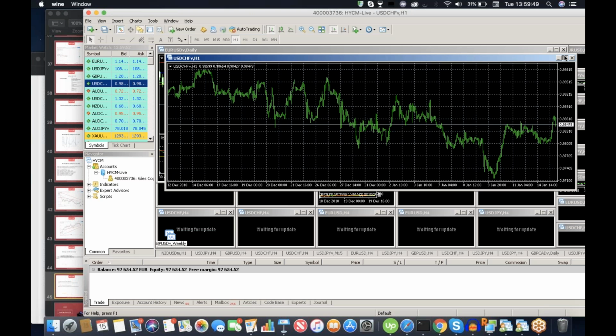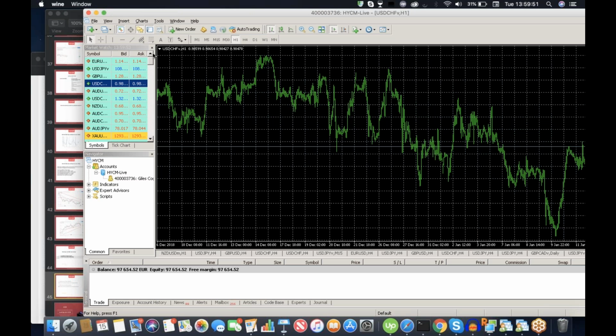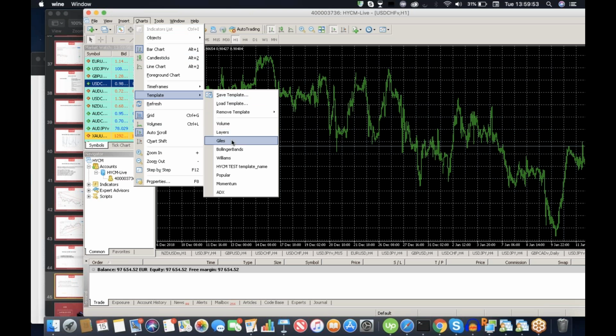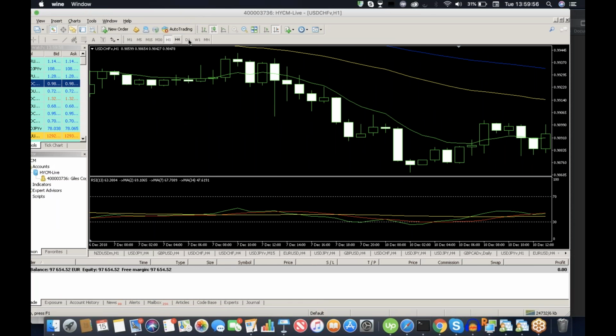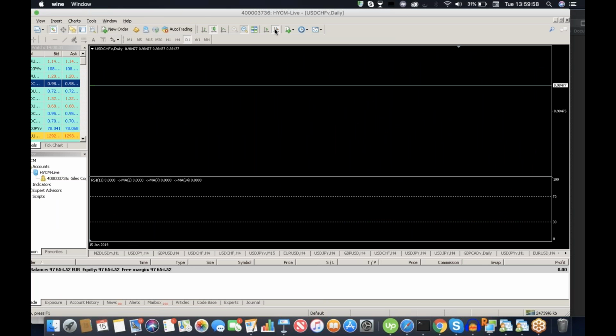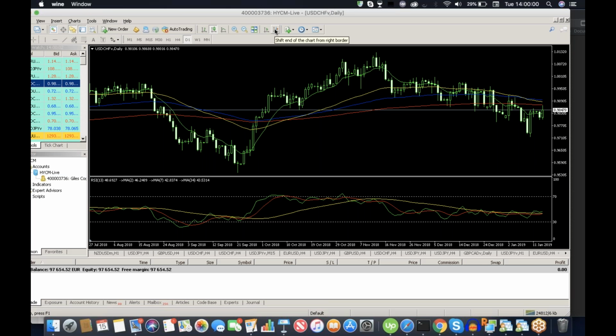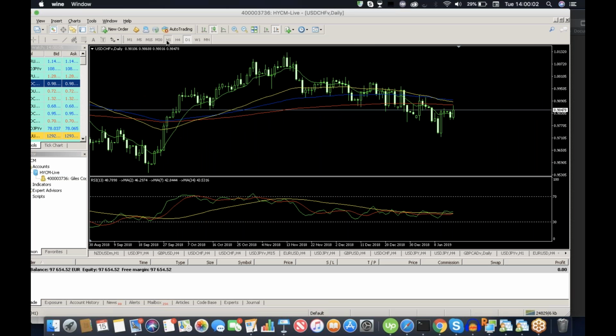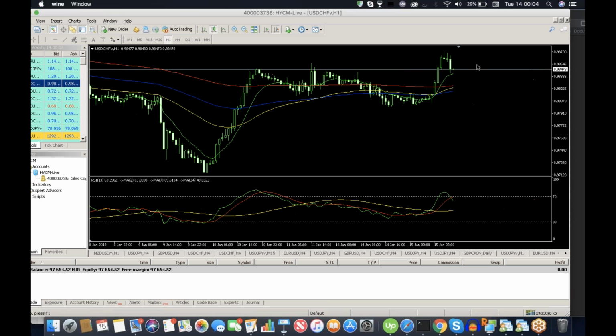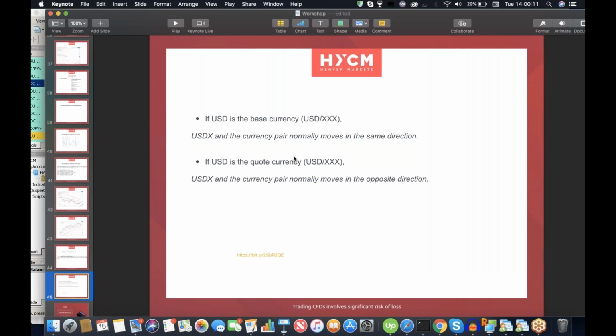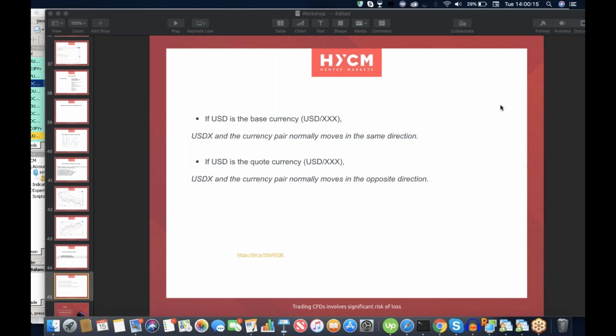Right, we'll open her up. And you can see that with the US dollar index rising, we've also seen the US dollar Swiss franc pair rising. So you can use this US dollar index as a little tool to help you know where the currency pair you're trading is going.